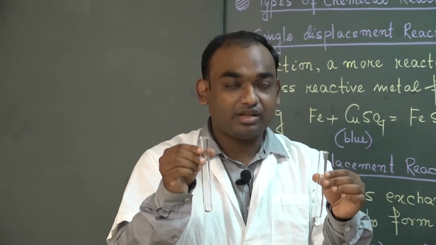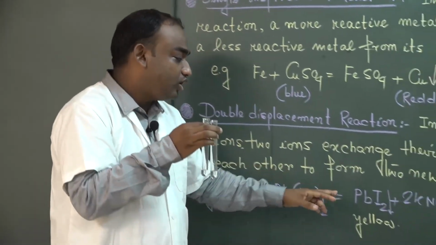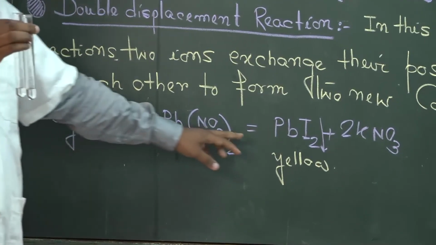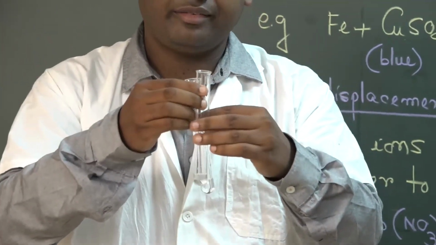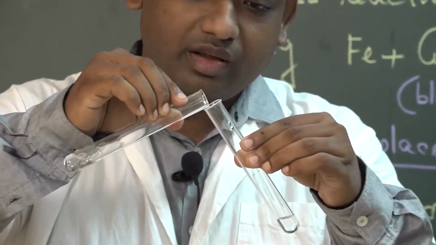Now we will mix both the solutions and see whether the color is yellow or not. What we have written on the board, whether this yellow color will come or not. So we are adding this lead nitrate to potassium iodide.